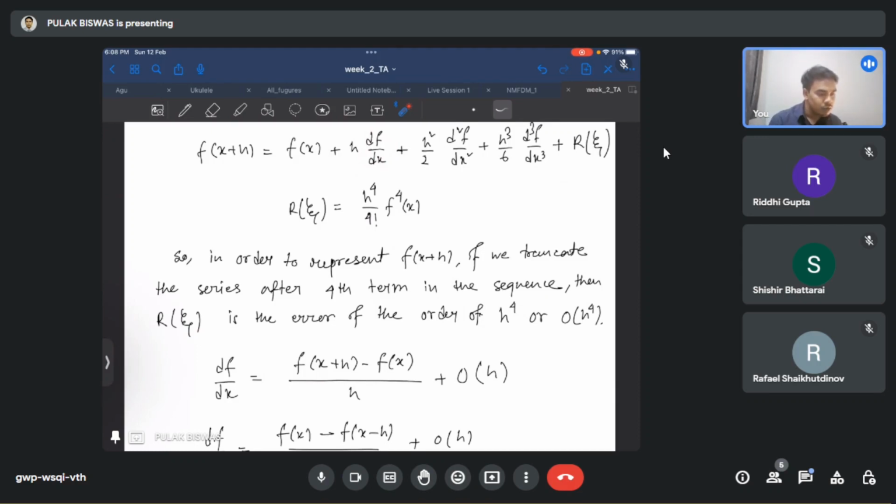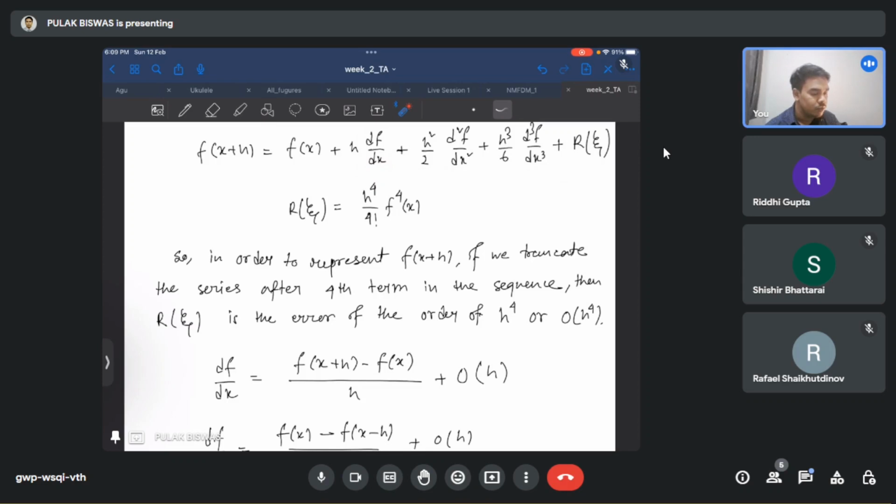There you find this term, the minimum power of h that is left in constructing this approximation.